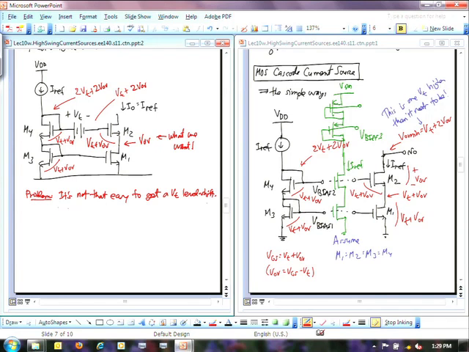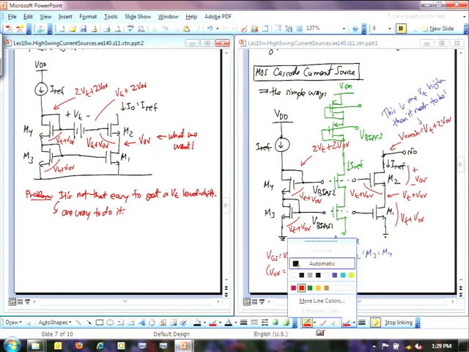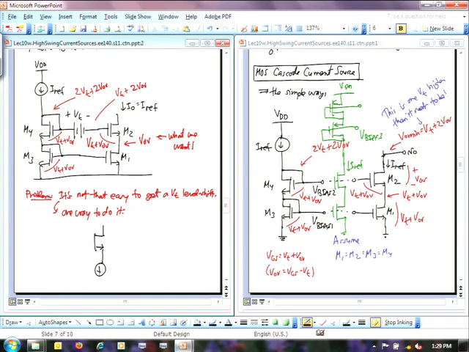Okay, so let's take a look at one way we might be able to do this. And so perhaps we're just going to take a single transistor like this. We're going to bias it up with some current source, like that. Okay, and this will be its input. And this will be its output.